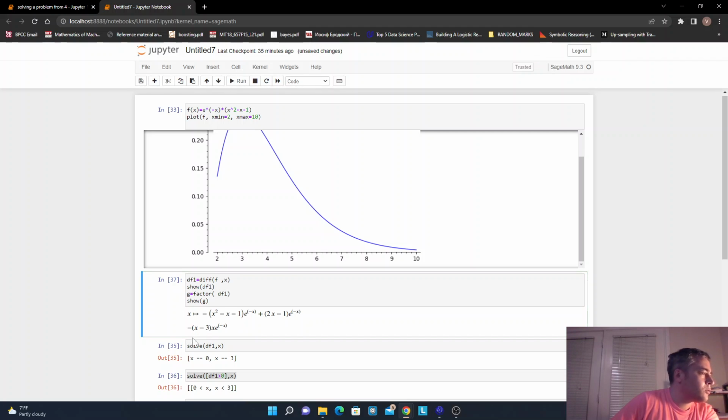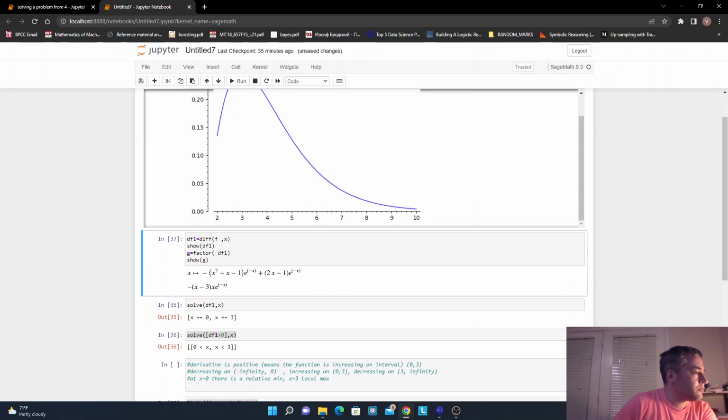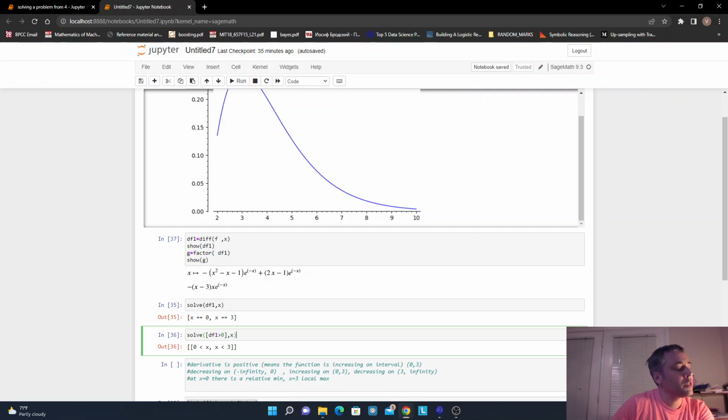All right, so from here it's also obvious where the zeros are: x equals 0 and x equals 3. And alternatively, we can figure out right away where the derivative is positive, where the derivative is negative.